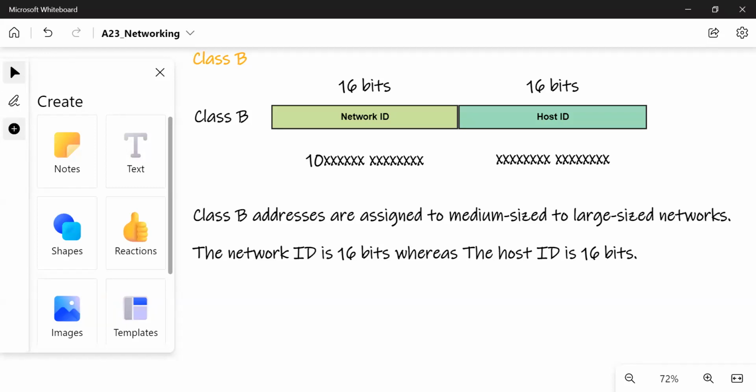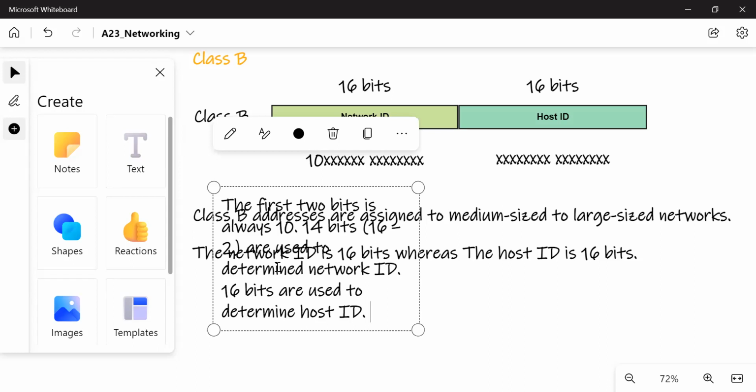Okay, the next thing that we are going to discuss, the first 2 bits. I told you already, it starts with 1 and 0. Then the remaining 14 bits we allocate for the network ID, and the remaining 16 bits we use for the host ID.